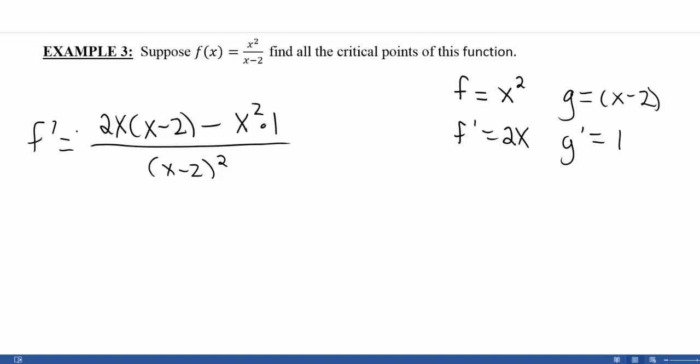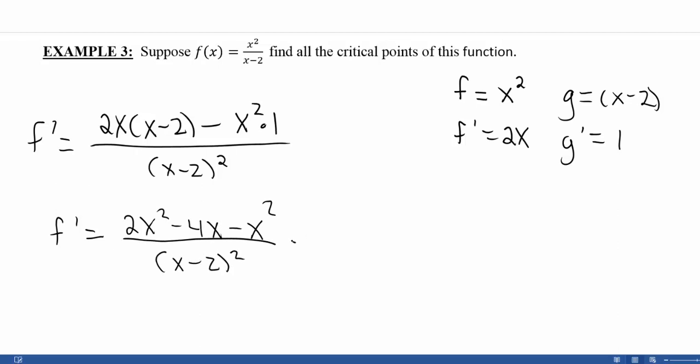So first I'm going to take one step to simplify the numerator before I find any of my critical points. So multiplying the 2x through, I get 2x squared minus 4x minus x squared divided by x minus 2 squared. And then combining like terms, I have 2x squared and a minus x squared.